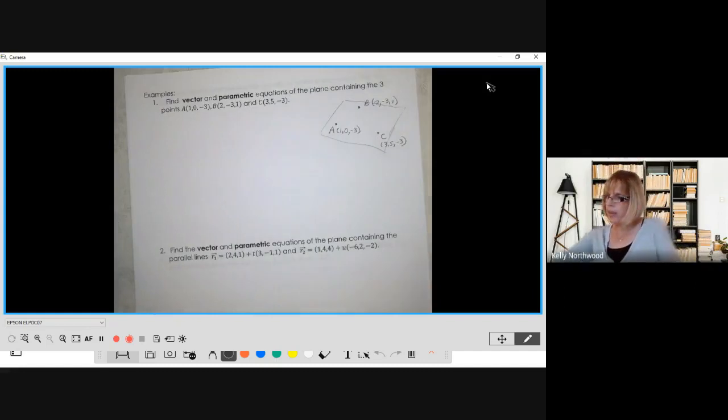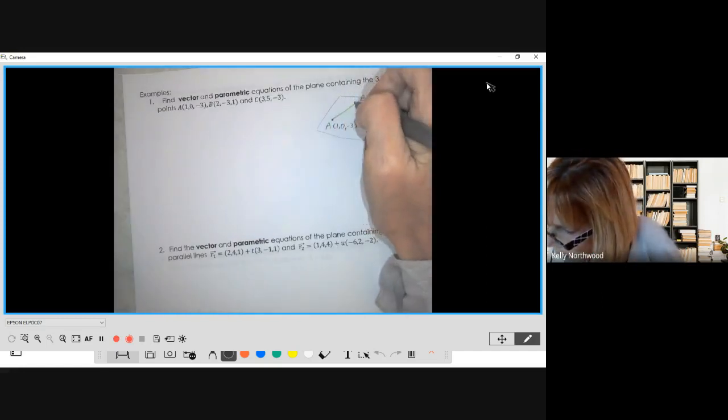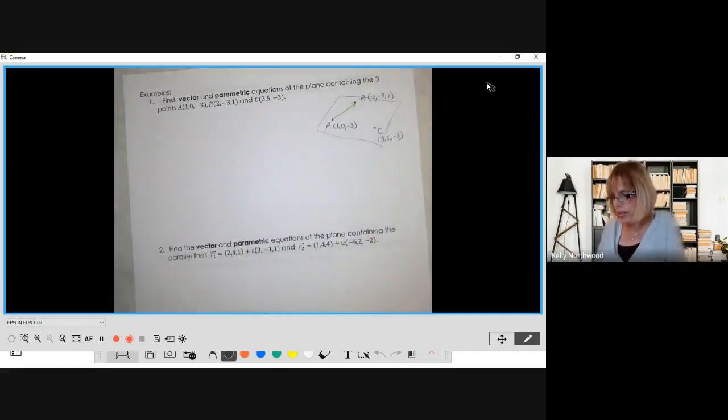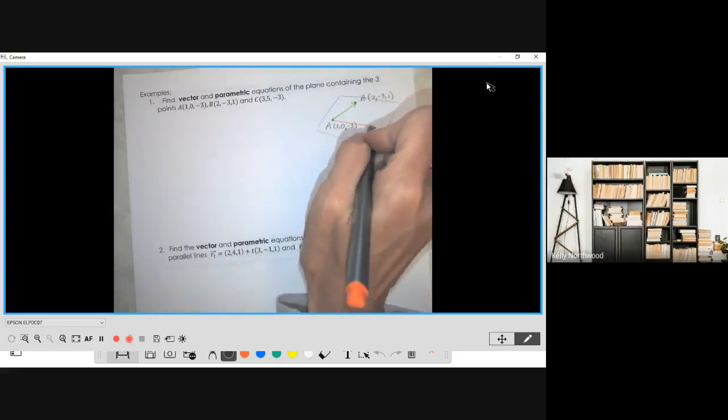So we know that we can make two direction vectors from these 3 points that all lie in this plane. There's one of my direction vectors. That's going to be AB. And another one of my direction vectors is going to be AC.